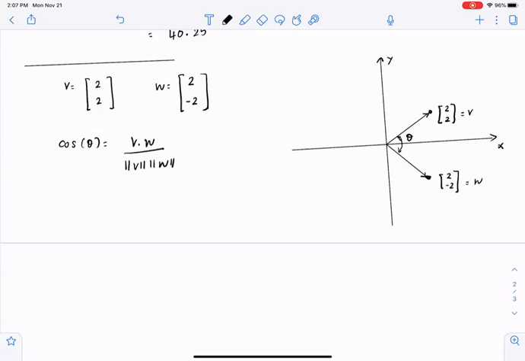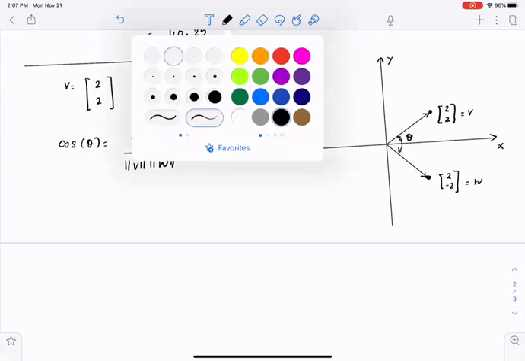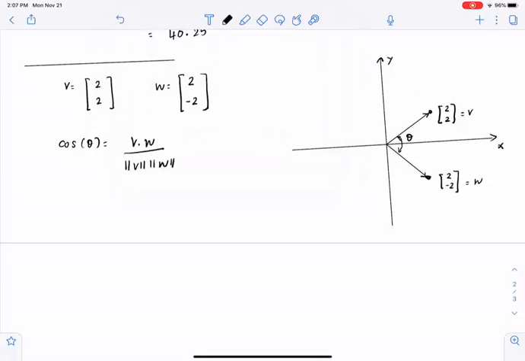If you get the dot product to be 0, in other words, if the numerator becomes 0, zero divided by anything is still 0. Cosine theta becomes 0.